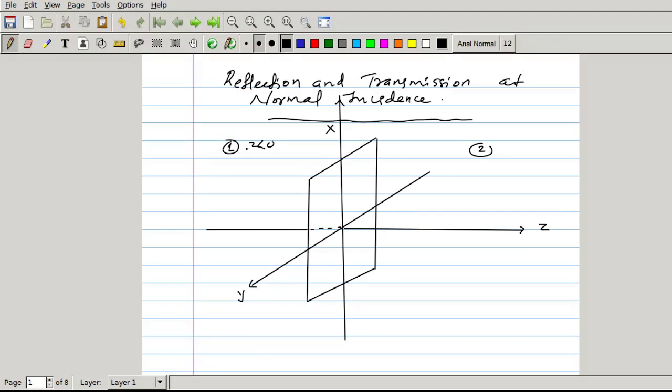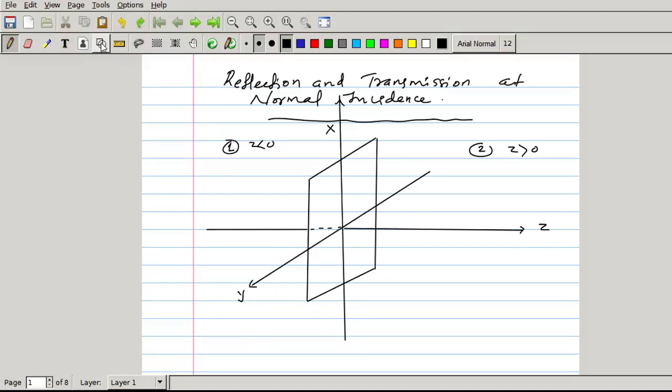For z greater than 0, the second dielectric medium, and this one is the interface separating the two media.